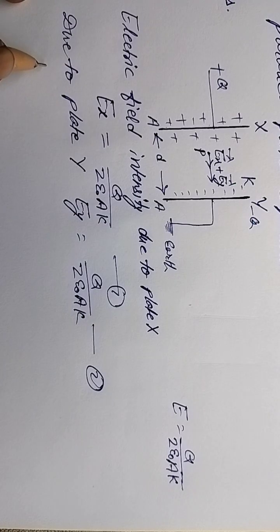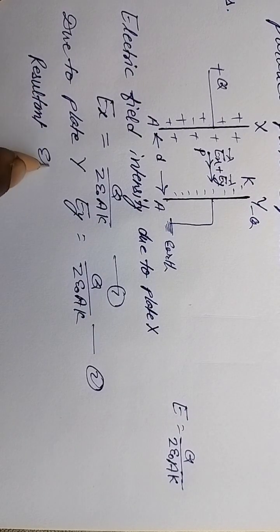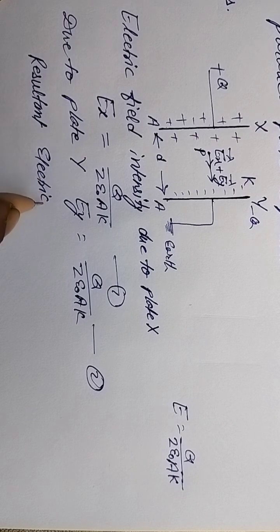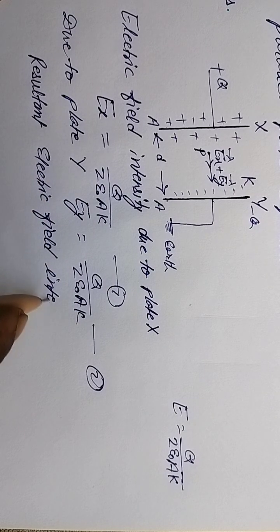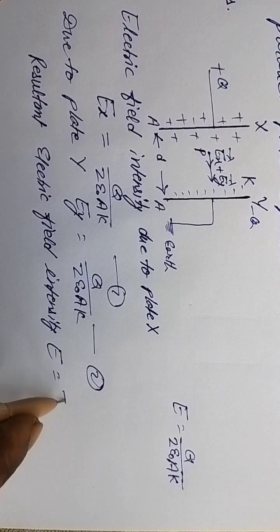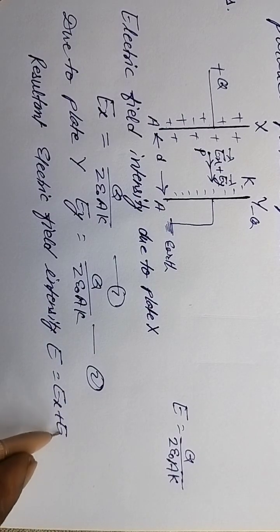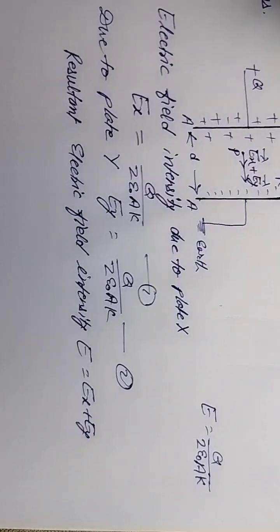Finally, the resultant electric field intensity will be the sum of these two. E is equal to Ex plus Ey. Put the value of Ex and Ey.